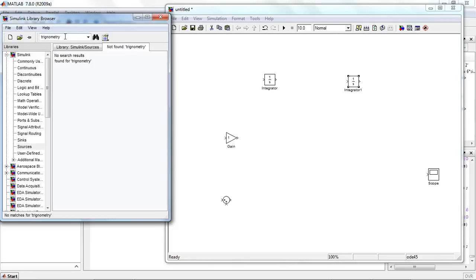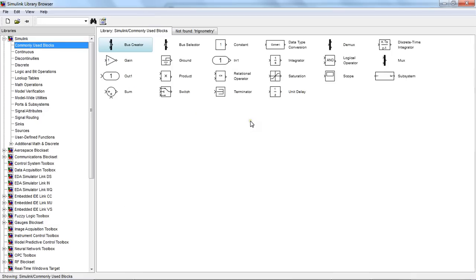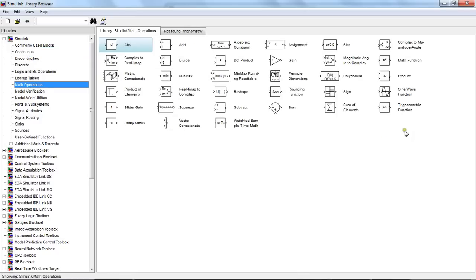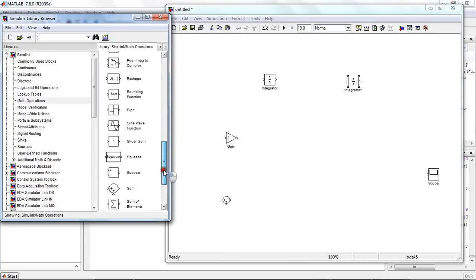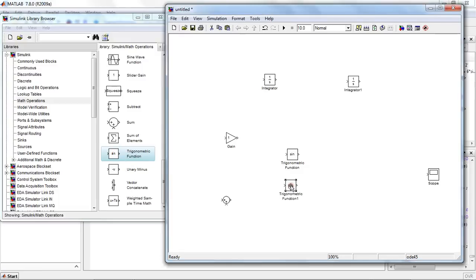We'll search the trigonometry block. There is no trigonometry block over here. So let's find it out. Where is the trigonometry? Oh, over here. It's over here. We have one and we have two trigonometries.